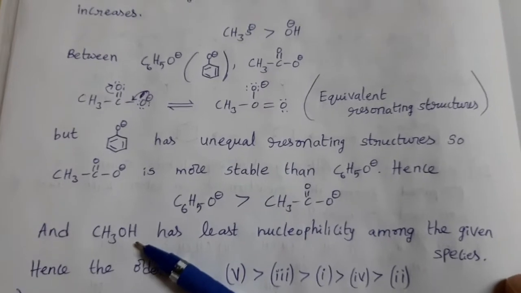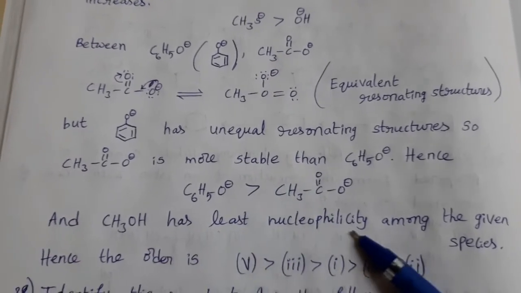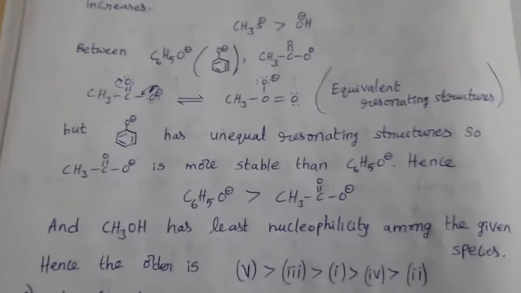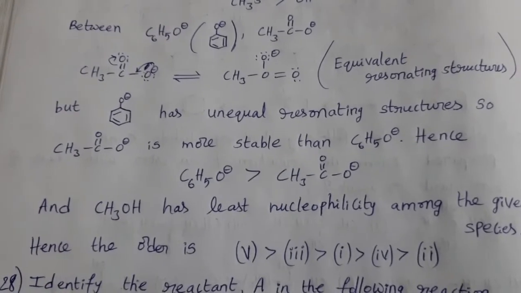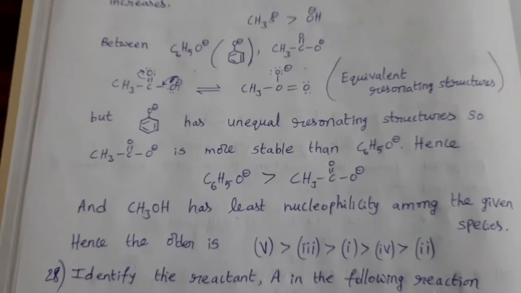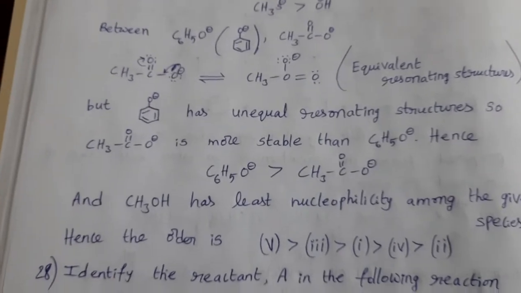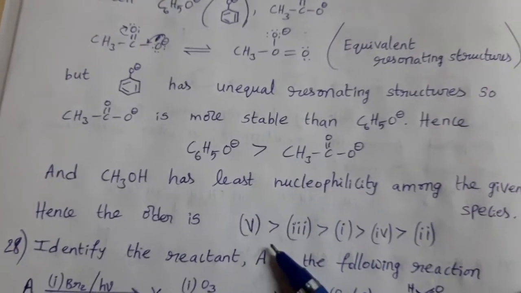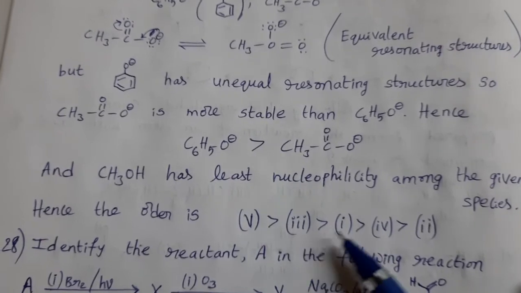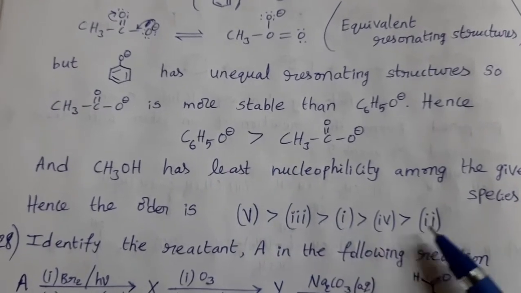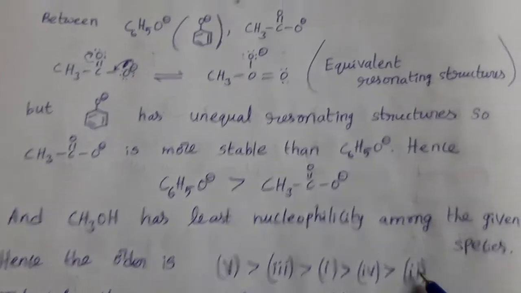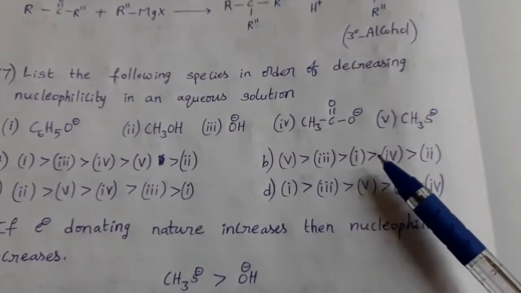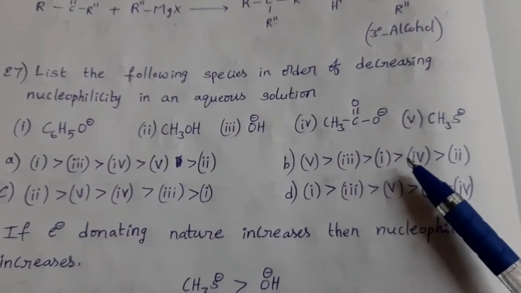Finally, CH3OH has the least nucleophilicity among the given species because it has no negative charge. It is a neutral compound. Therefore, the decreasing order of nucleophilicity for the given compounds is 5 greater than 3, greater than 1, greater than 4, greater than 2. What is the suitable option? Option B is the answer for this question.